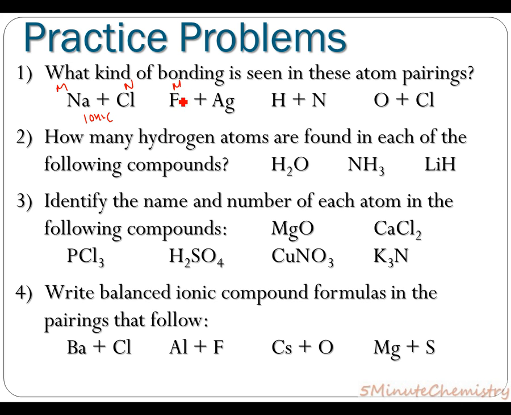Now I have a metal, iron, and another metal, silver, which means this must be metallic bonding. Next, hydrogen, a nonmetal, with nitrogen, another nonmetal. This indicates this must be covalent bonding. And then I have oxygen, a nonmetal, and chlorine, another nonmetal, indicating this must be, again, covalent bonding.